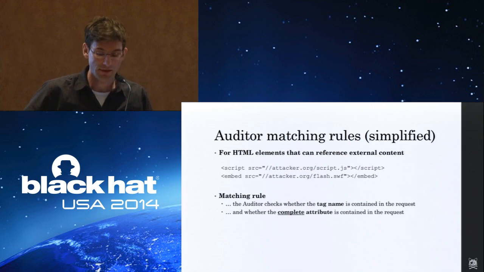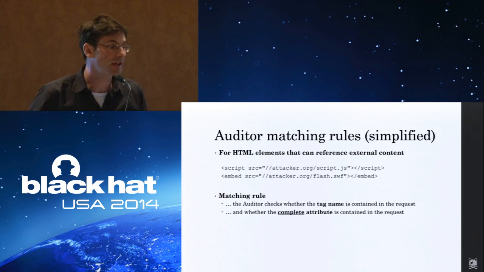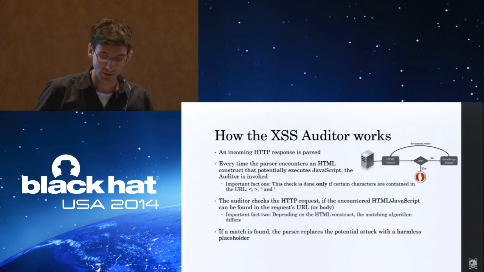In this case, the matching rule is that both the tag name, in this case script or object, has to be in the URL, and also the full complete attribute with attribute name and attribute value has to be used. So this is the most strict matching rule because, I think, of false positives.